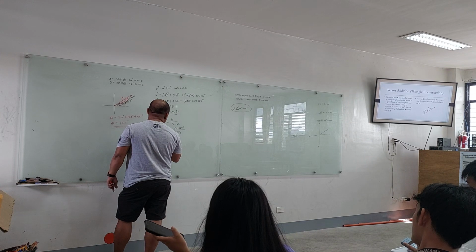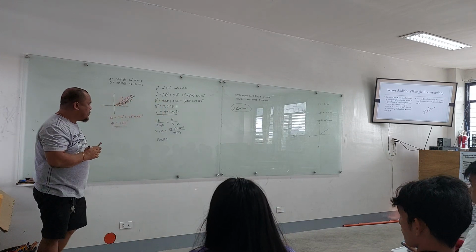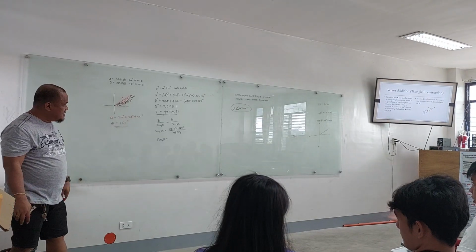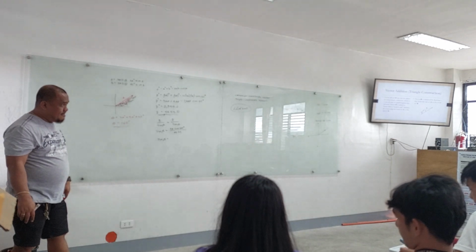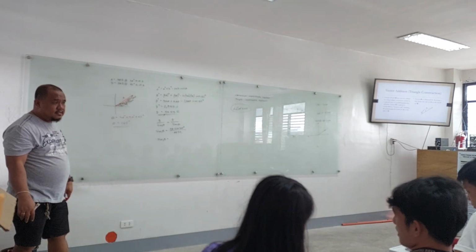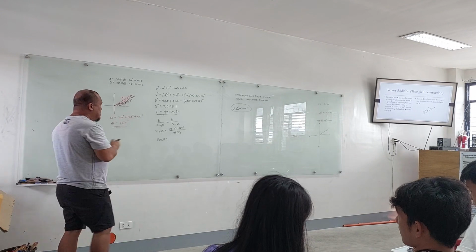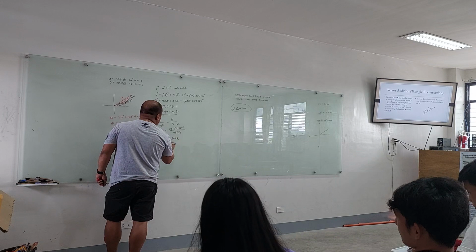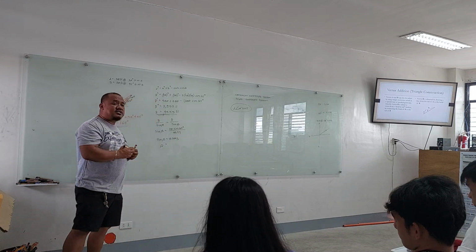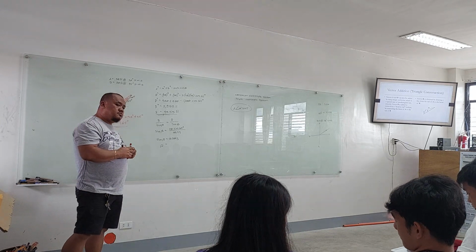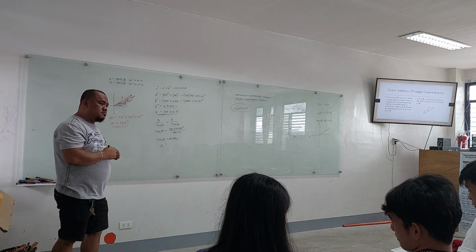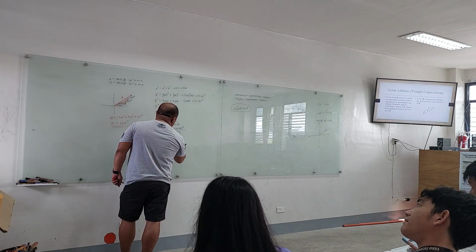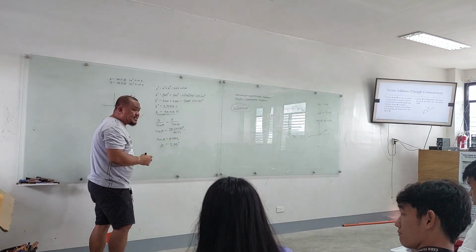Sine of beta is 0.1044, so beta is equal to inverse sine, which is 5.99 degrees, probably about 6 degrees.